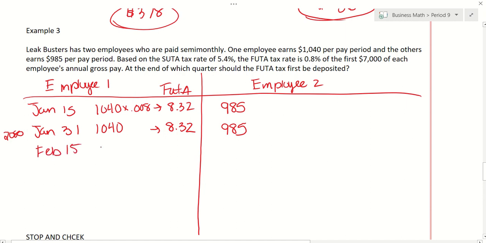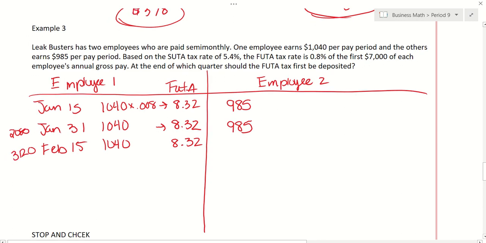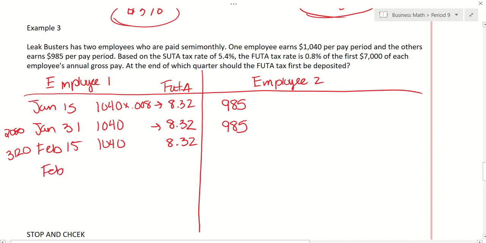February 15th, they get another 1,040. They're going to pay another $8.32 in tax. This time, 2,080 plus 1,040. They're up to 3,120 so far they've made. So we got to keep going. February 28th, another 1,040, another $8.32. This time they're up to 4,160.